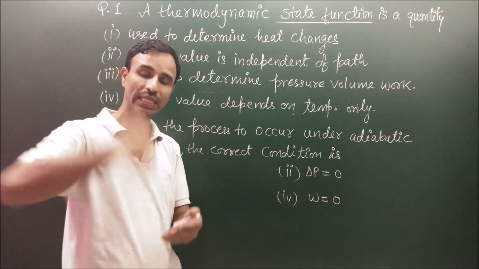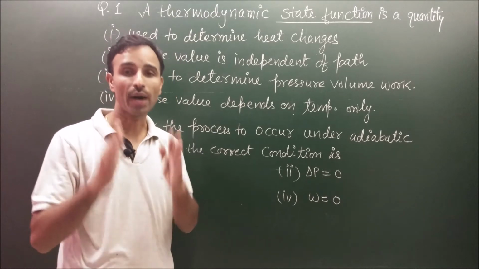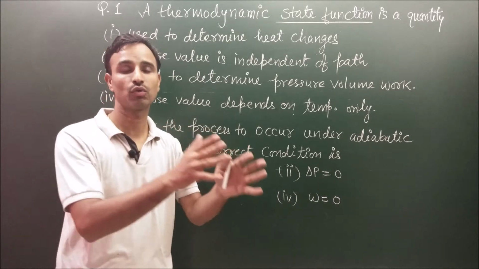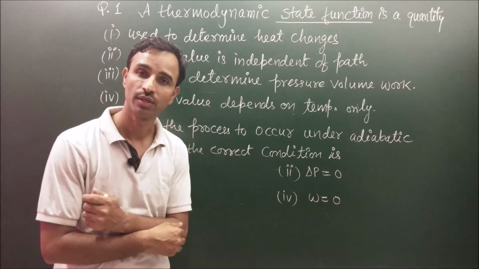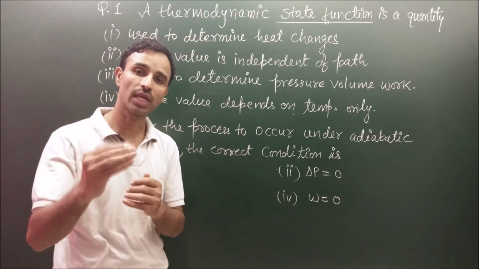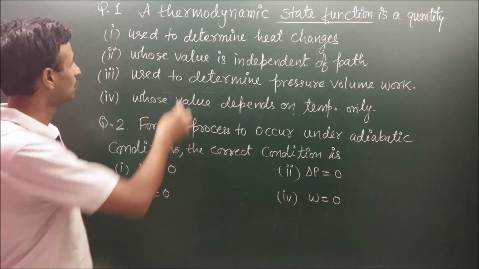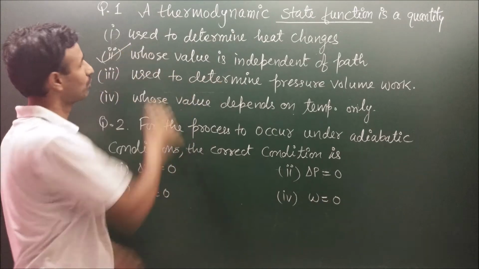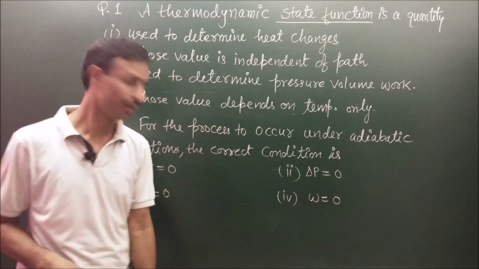How you attain that height doesn't matter. That means path independent quantity is a state function. It depends upon the state only. So that implies that second option is correct. So 2 is the right option for question 1.